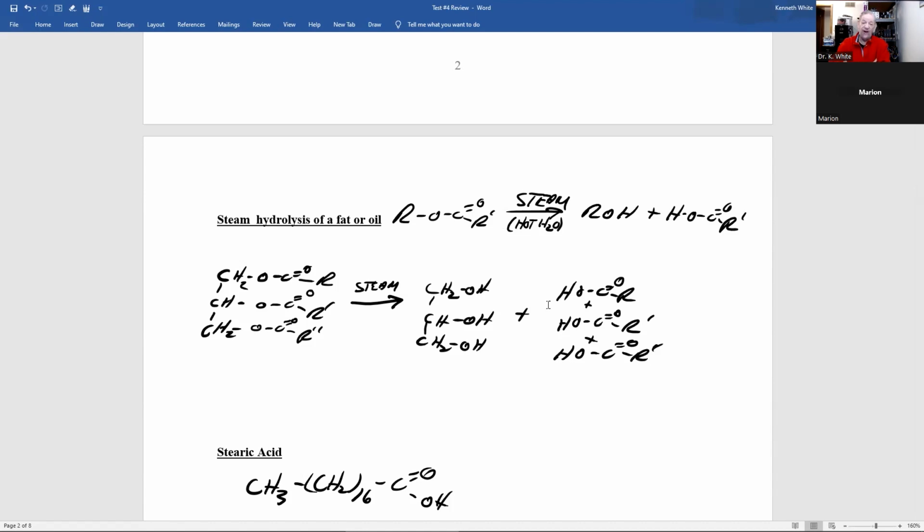And having hot water runs it at a higher temperature. And this gives you the same products as if you had done an acid hydrolysis of an ester: the alcohol and the carboxylic acid you would have used to make that ester.